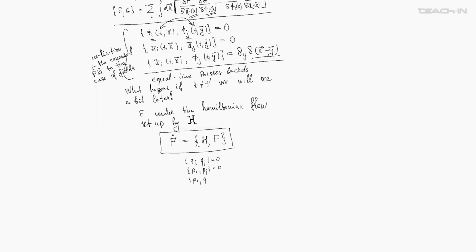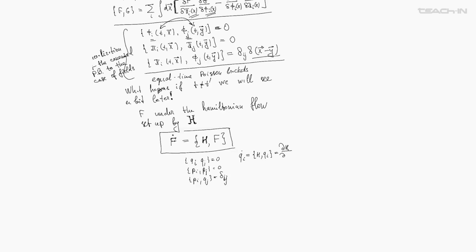Then if you take, say, coordinates Qi, the evolution with the help of the Hamiltonian H and this Poisson structure will be the result of evaluating the bracket of H with Qi, and you will find that it is dH over dPi, right?